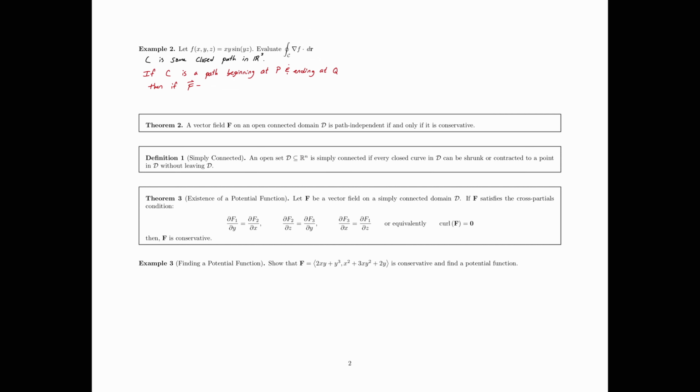So remember, what's it mean to be conservative? A vector field's conservative if it is the gradient of some scalar function. So we actually do know that because this is what we're asked to integrate, this is telling us that this is conservative. So the fundamental theorem for conservative vector fields applies.